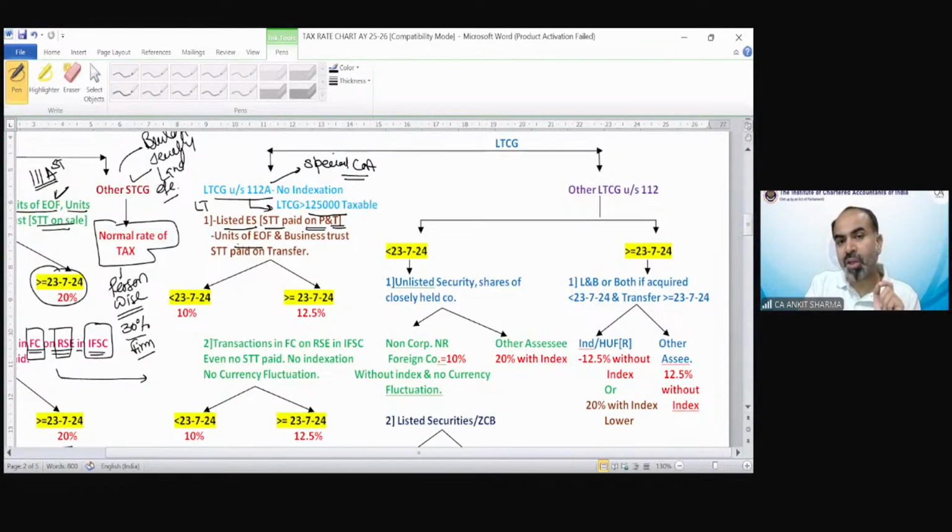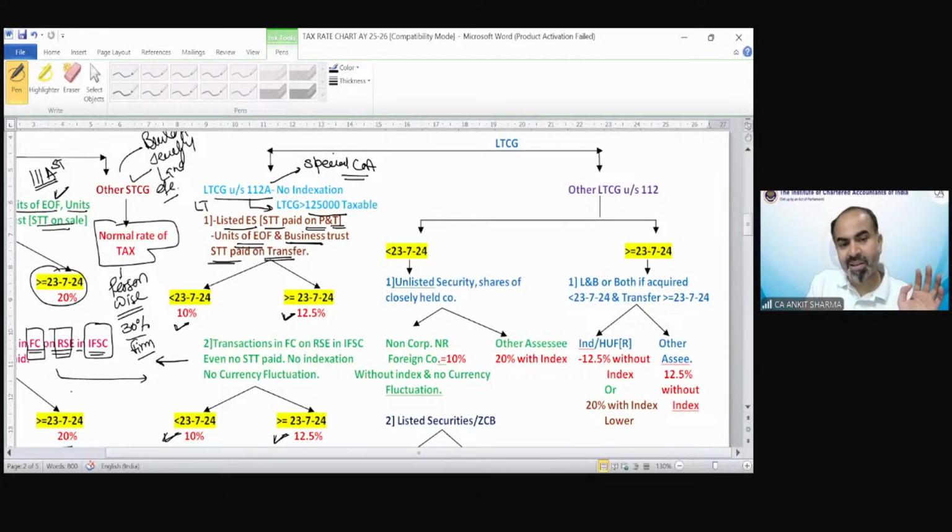Units of equity oriented fund and business trust, if STT is paid on transfer, then if it is before July, the rate is 10%. If it is on or after July, the rate is 12.5%. What you have seen over here in short term, transaction in foreign currency, IFSC, and a recognized stock exchange, the rate was 15 and 20 if they are short term. If they are long term, the rate is 10 and 12.5.